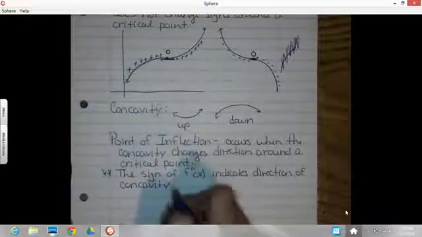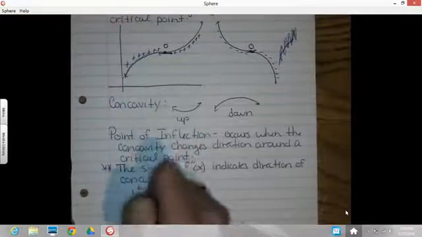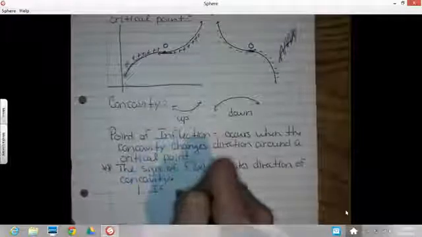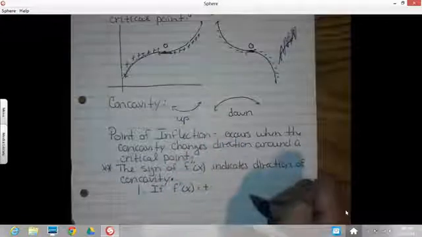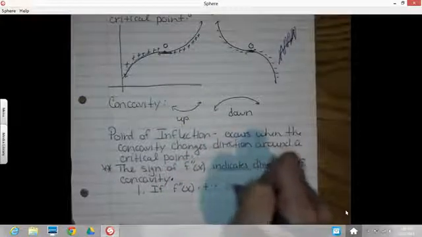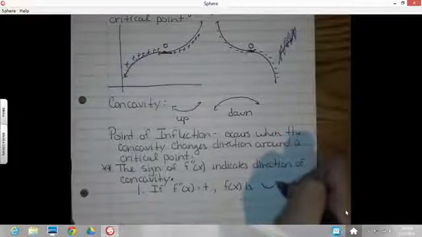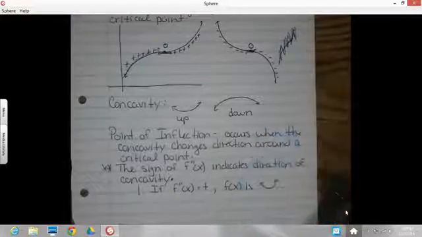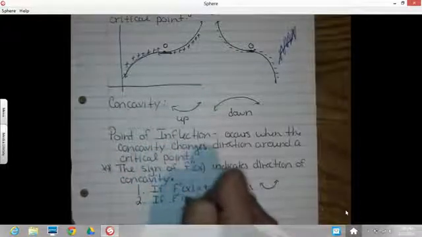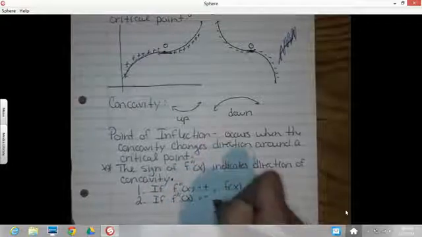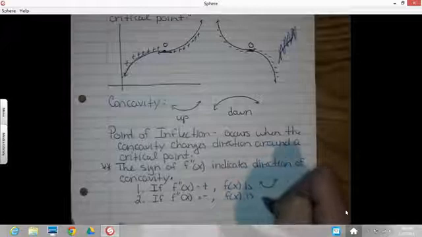Okay? So, in summary here, if the second derivative is positive, then the original function is concave up. If the second derivative is negative, then the original function is concave down.